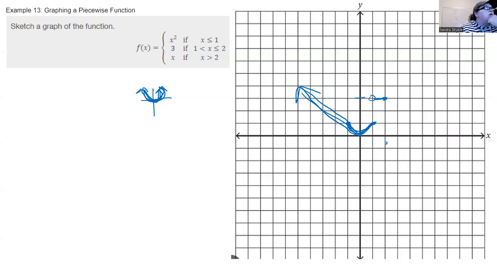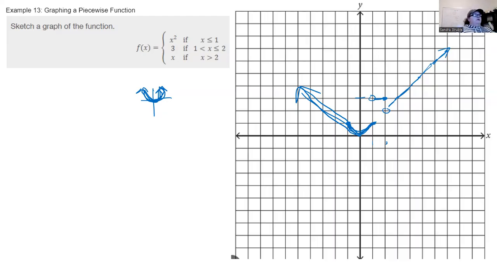And then the third one is y equals x, which is just a straight line that goes through 0, 0, 1, 1, 2, 2, 3, 3. It's going to start at x greater than 2, but 2 is not included. And then it's going to just keep going straight because it's greater than. See if I can connect these and get a decent line for y'all. Okay. There we go.